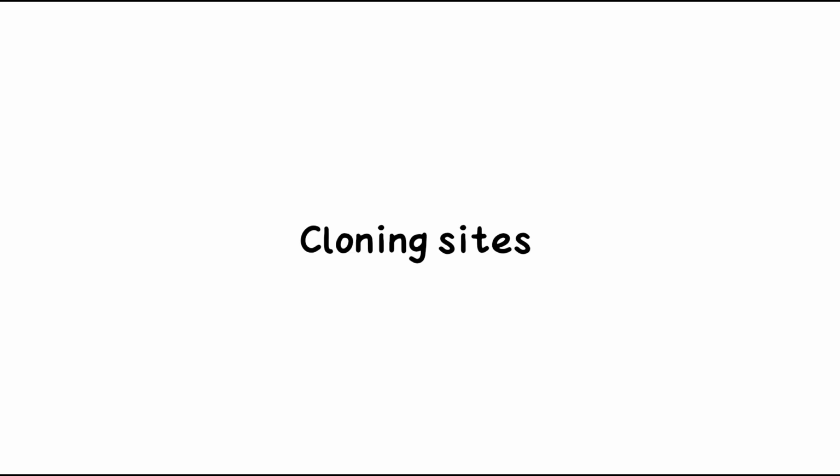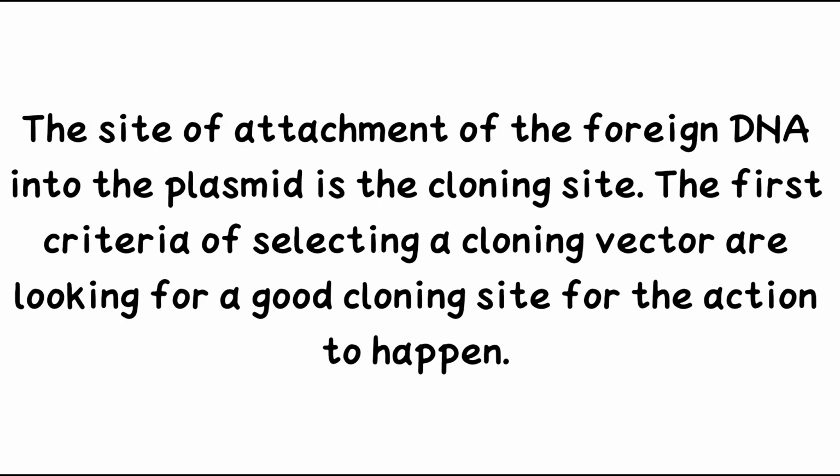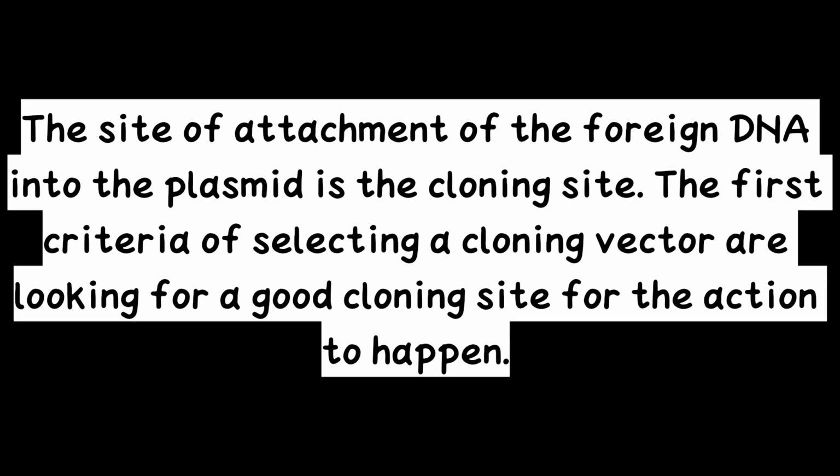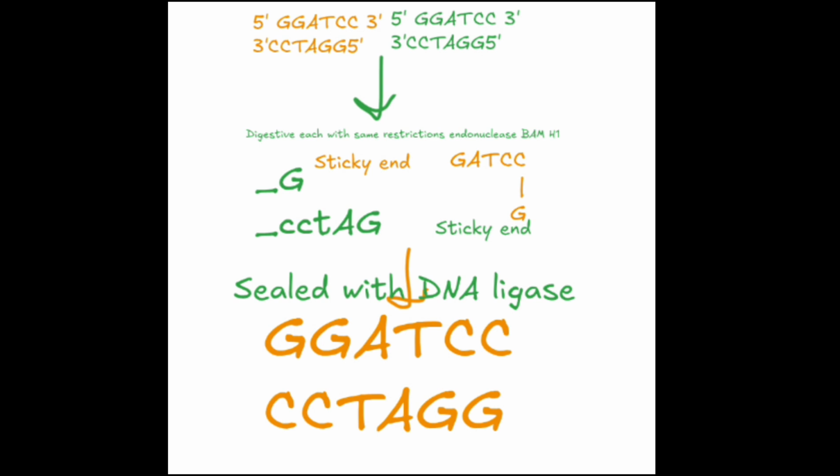Now cloning sites. In order to link the alien DNA, the vector needs to have very few, preferably single, recognition sites for the most commonly used restriction enzymes. Presence of more than one recognition site within the vector will generate several fragments, which will complicate the gene cloning. So the ligation of the alien DNA is carried out at the restriction site present in one of the two antibiotic resistance genes.